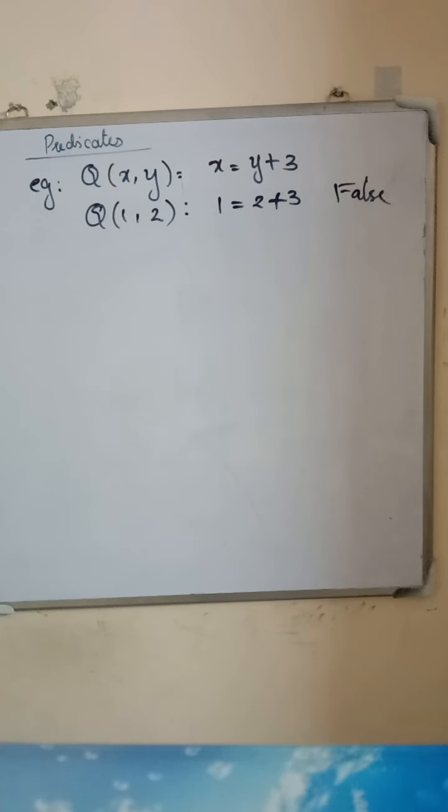So we can make this propositional function true or false by substituting the values for x and y. So this propositional function is a predicate, because by assigning the values we can make it true or false.